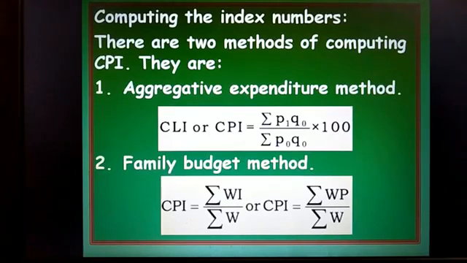Hope you are getting me, students. An easier one, but usually the students will get confused with the question asked. Sometimes it will be given as briefly explain the procedure of construction of consumer price index number. Sometimes it will be given as briefly explain the steps of construction of index numbers.